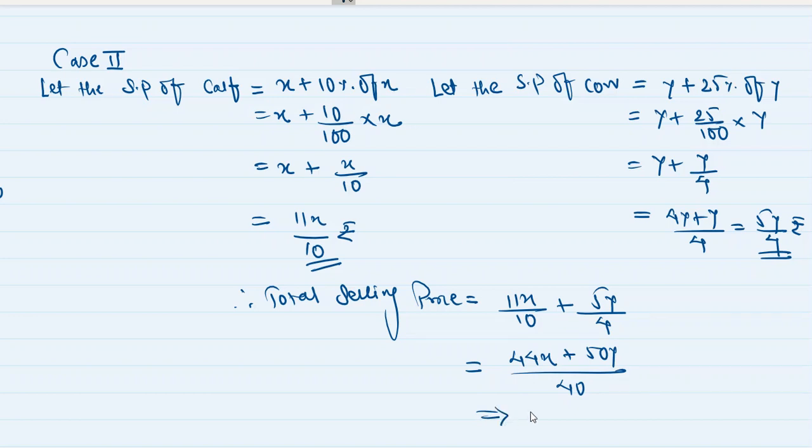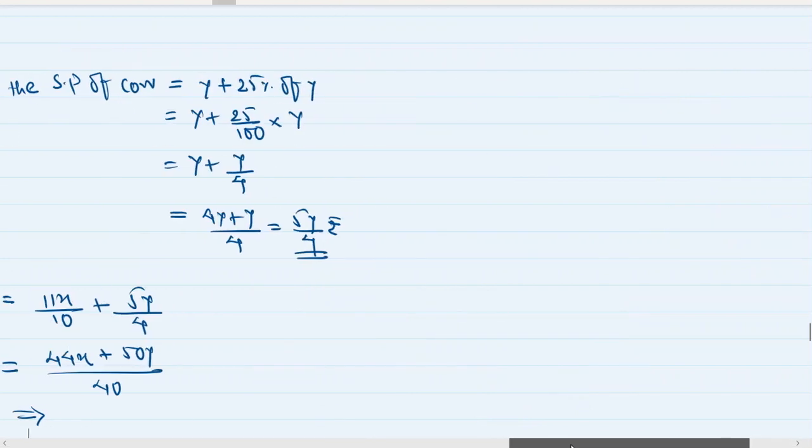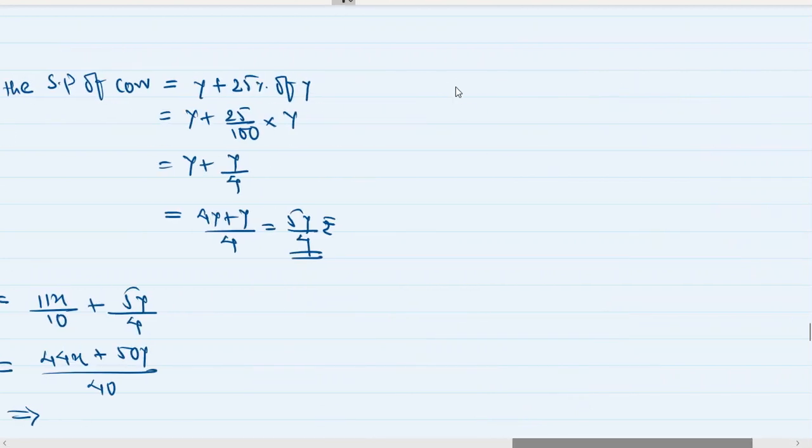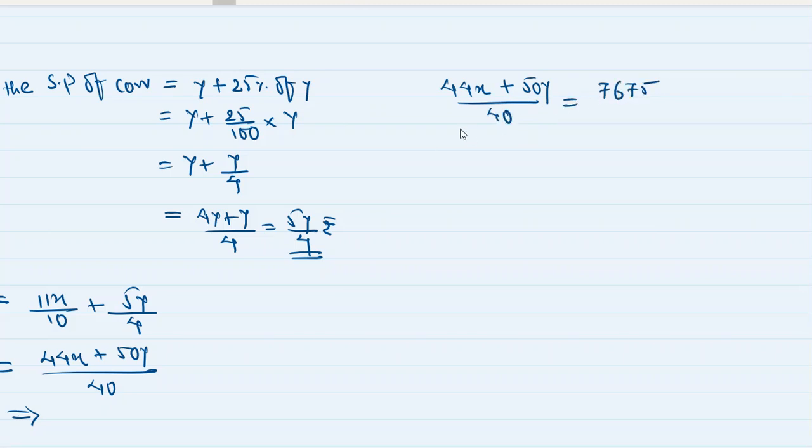Yeah, that's it. Now see, the total selling price in the second case is 7675. Okay, so 44x plus 50y by 40 is equal to 7675. So 44x plus 50y is equal to 7675 multiplied by 40. Okay, let's find it out.